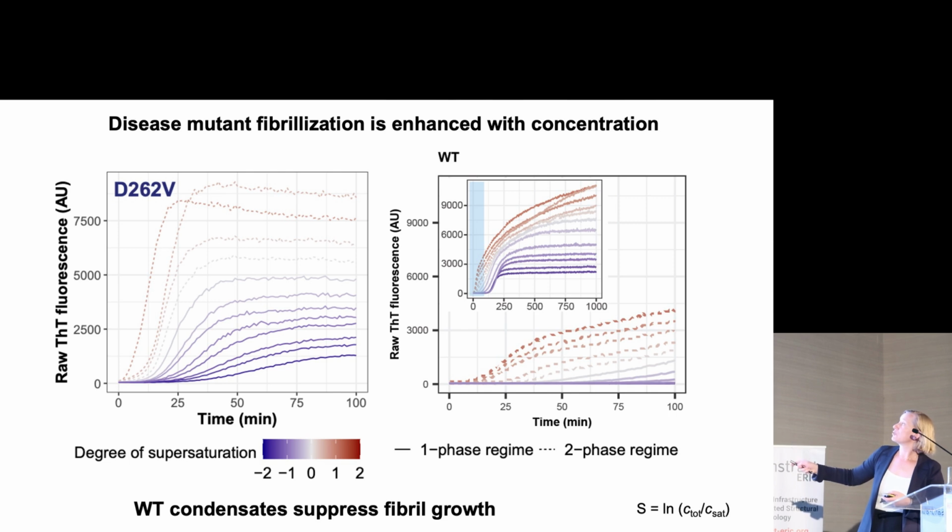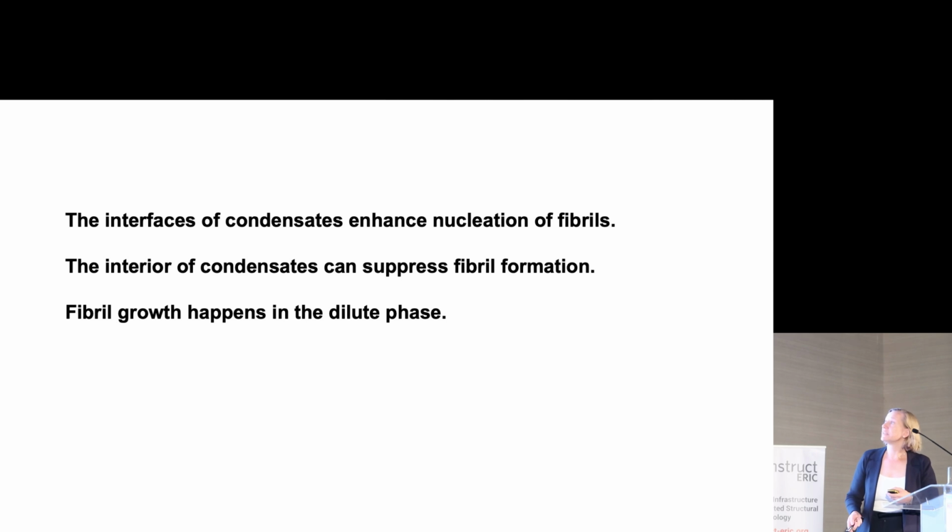We know there's nucleation at the interfaces. But for wild-type protein, we see that these growth curves don't really speed up with concentration. The slopes here get much higher with concentration, and here that's not the case. What we concluded from that, without going into the details, is that overall the interfaces of these condensates can enhance nucleation of fibrils.